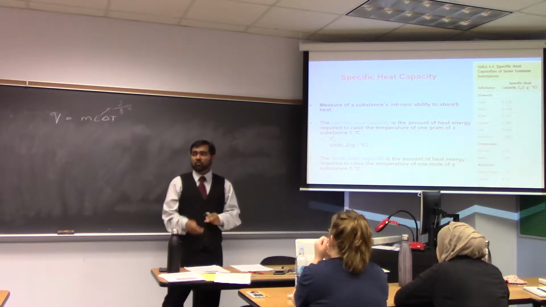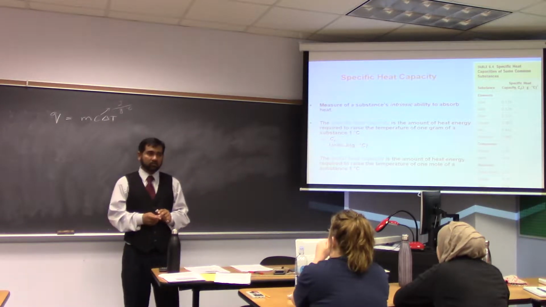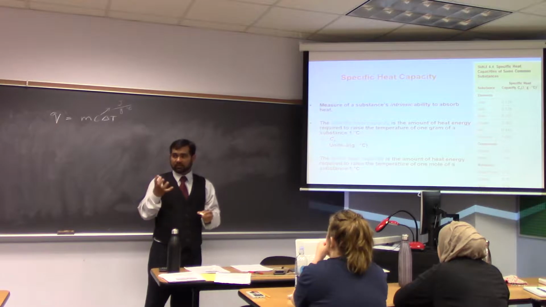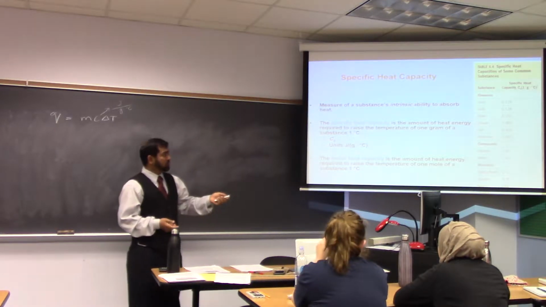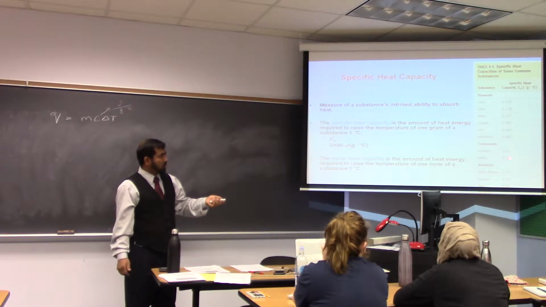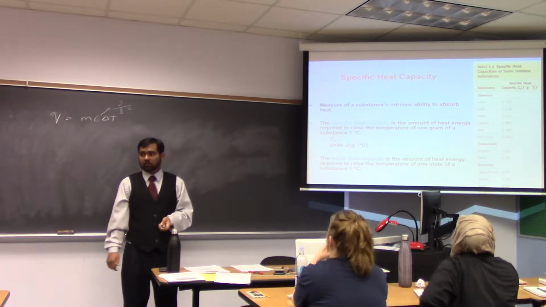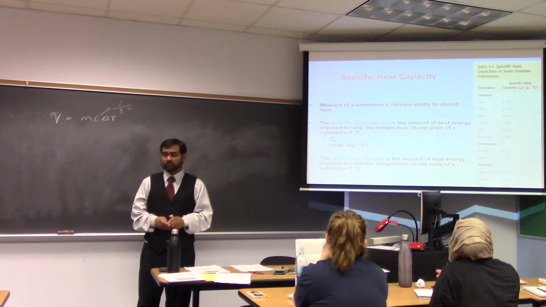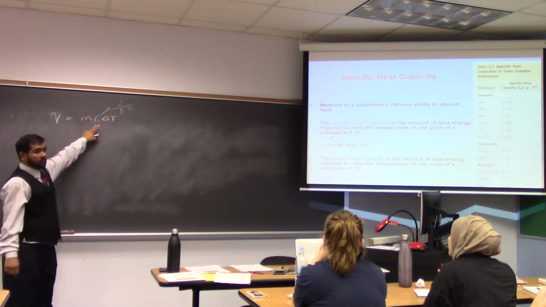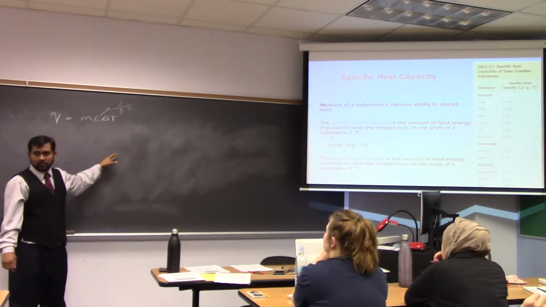That means which one has the higher heat capacity? Water, because it absorbs a lot of heat to raise its temperature. So water has the higher capacity. You see, water has 4.18, and iron has 0.994, 2 different heat capacities. And that's what you need for C, to calculate the amount of heat in the system.